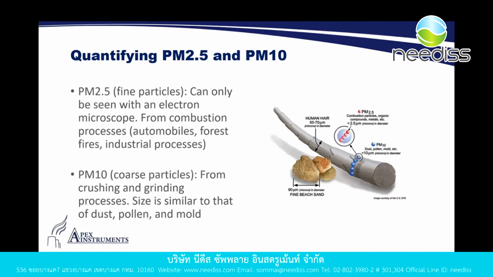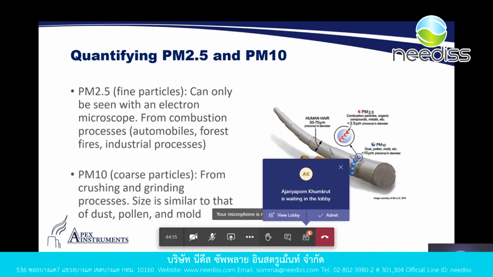And you can see a reference point there to what would be considered fine beach sand that you would find on any regular beach. So even though we consider PM10 large or coarse particulate, they are still quite very, very small. And oftentimes you'll find this from a source like crushing or grinding, mill work, mines, things like that.